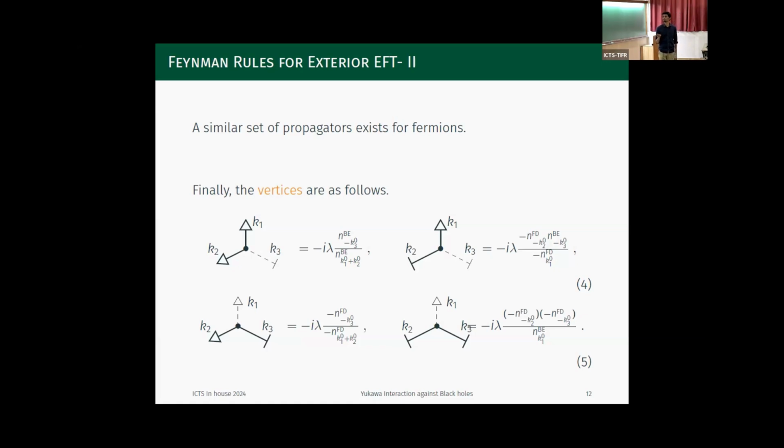Okay, first of all one should expect that if you are ignoring the interior of the black hole, and the black hole is a thermal object, radiating thermally, then somehow, somewhere the thermal nature of the black hole should reflect in the diagrams, because you're only integrating in the exterior of the black hole. You're ignoring that. So the idea is that somewhere the Bose-Einstein factors or the Fermi-Dirac factors should come out naturally, and there is a prescription.